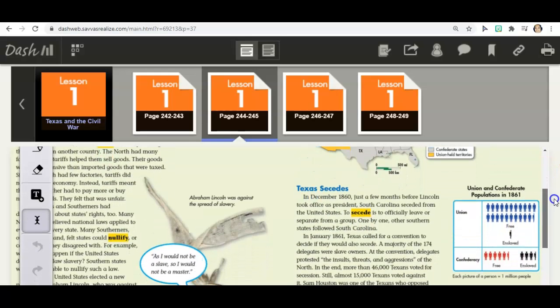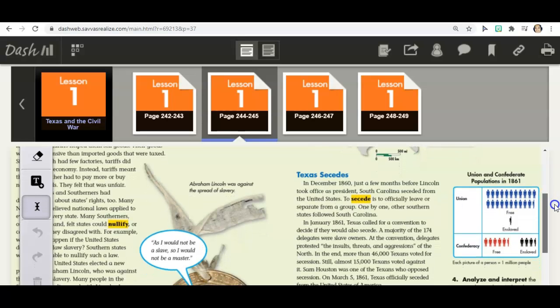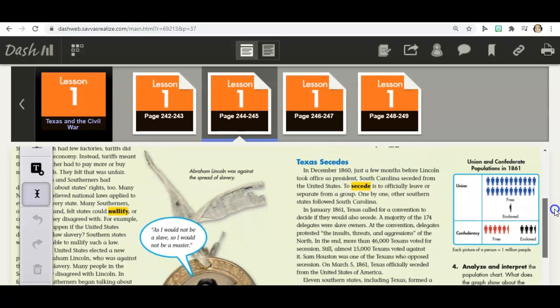All right, so Union and Confederate populations, each picture of a person equals 1 million people. So then they have 1, 2, 3, 4, 5, 6, 7, 8, 9, 10, 11, 12, 13, 14, 15, 16, 17, 18, 19, 20, 21.